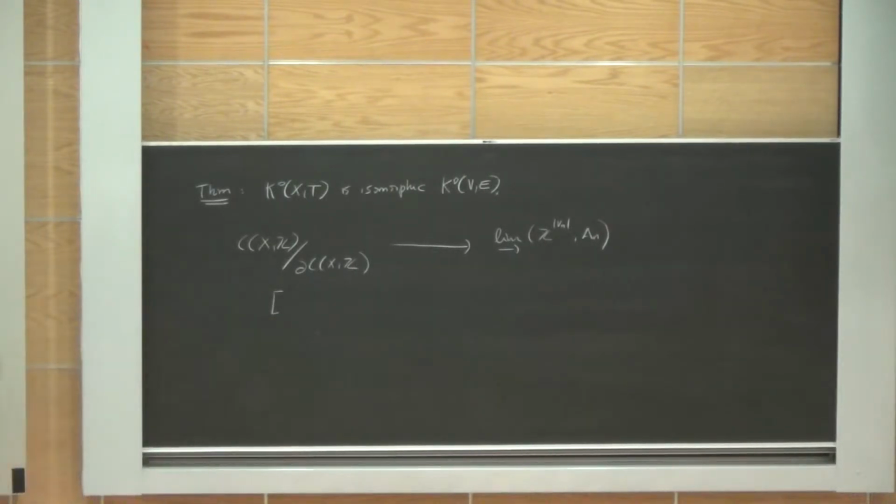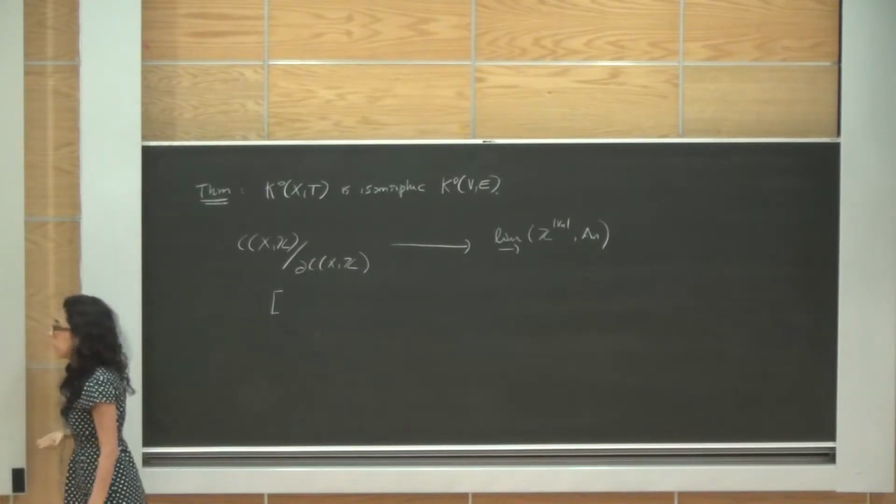First, it's very easy to show that if you have two minimal Cantor systems, (X1, T1) and (X2, T2), and they are conjugate, these groups are isomorphic.